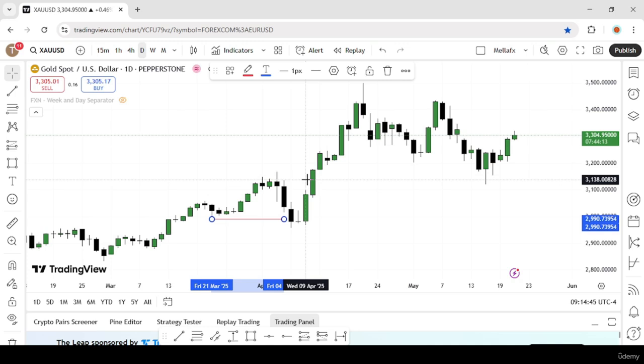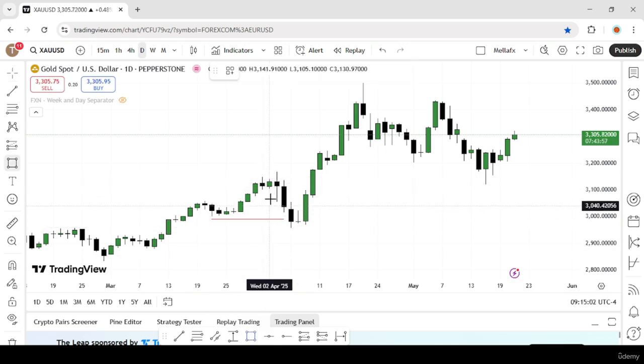So also, a high probability breaker is one where you find evidence of imbalances. For entry purposes, if there's an imbalance right at the candle that confirms this as our order block, then this is our breaker.